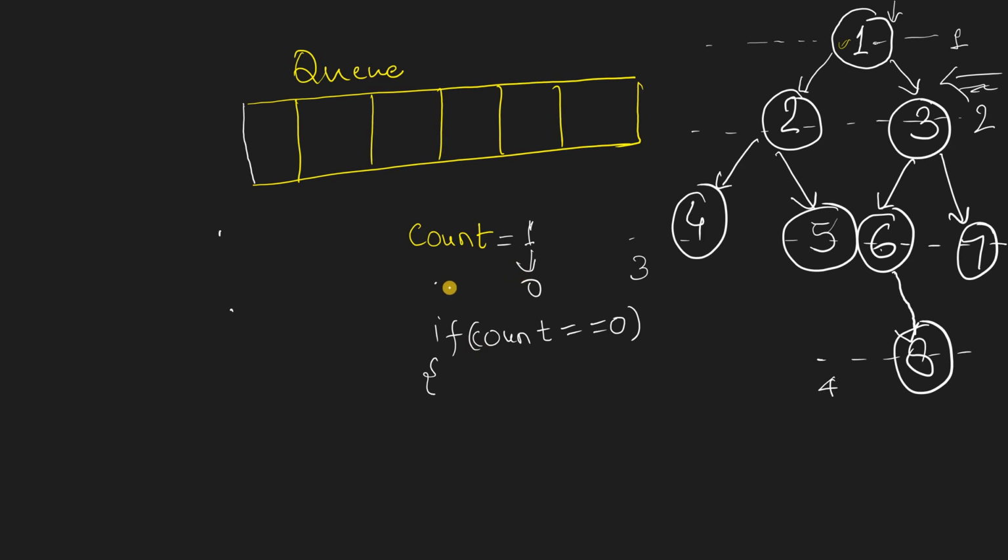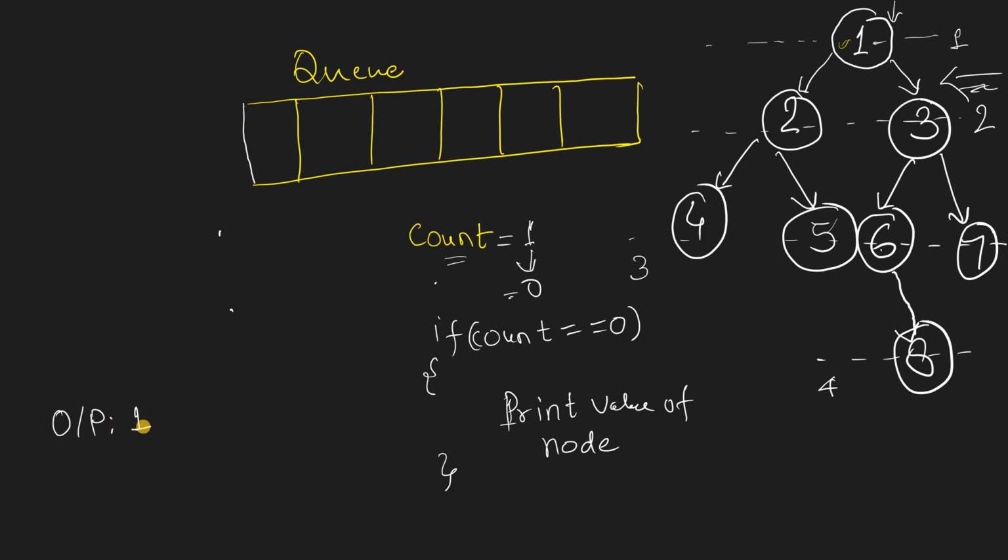So initially our count was 1. After decrementing it is 0, so we'll print the value of the node, which is 1. Let me write here: print value of node. So we'll print the value of the node, which is 1.